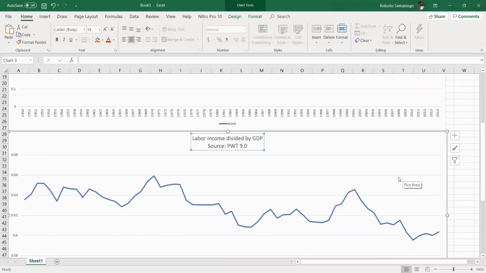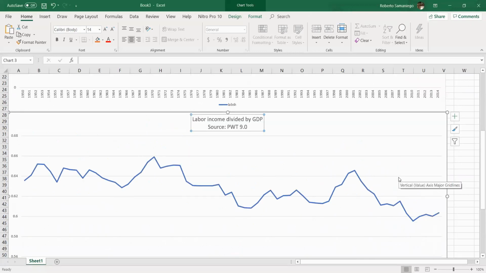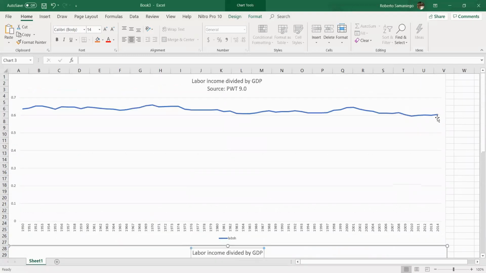But we will take the stylized fact as given that this share doesn't really change significantly. And then again, the fact that there seems to be, at least recently, a possibly downward trend in the share of labor income is an ongoing research topic. Some people argue it's due to mismeasurement.